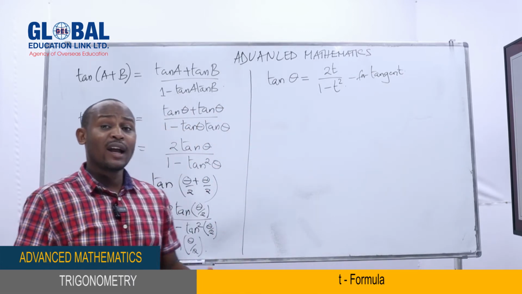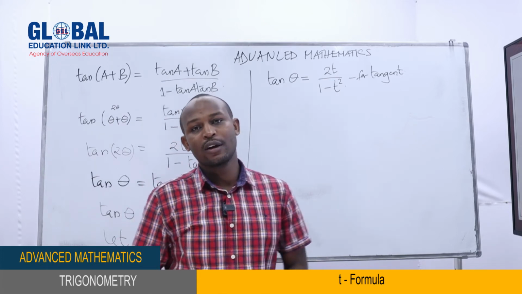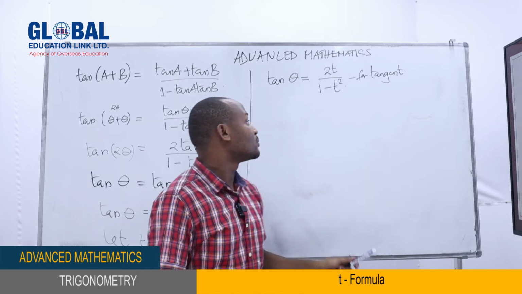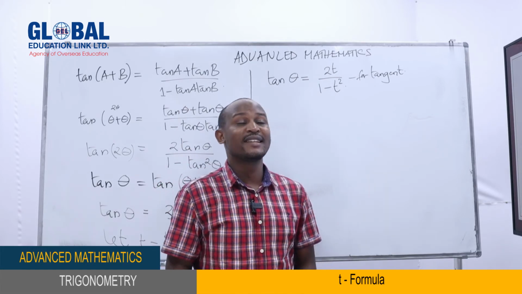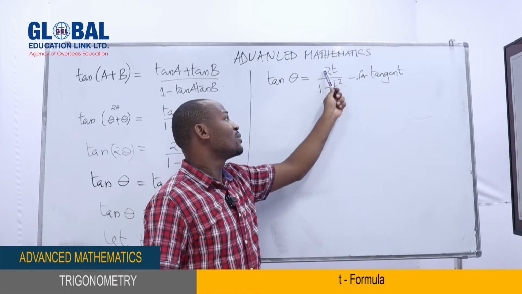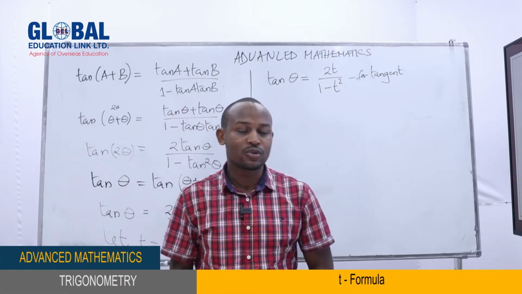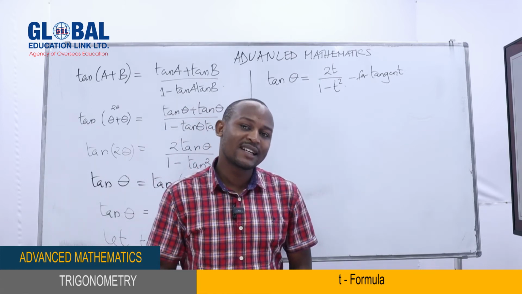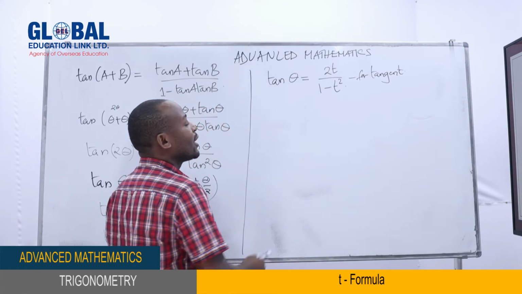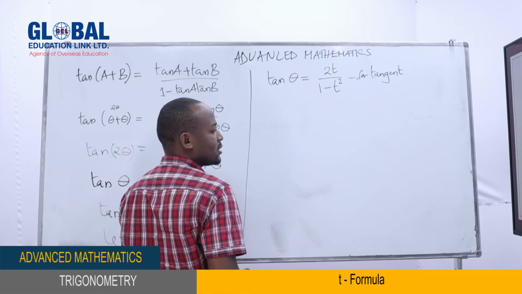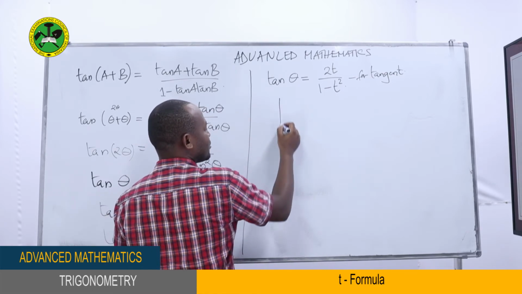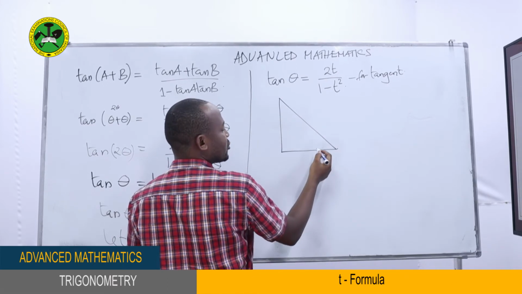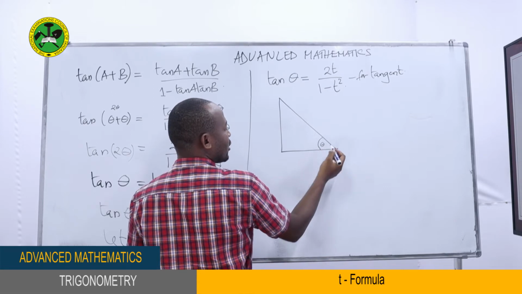Now, we can use a right-angled triangle, because we know that tan is equal to the opposite over the adjacent. That means this is the value of the opposite in a right-angled triangle, and this one is equal to the adjacent of the right-angled triangle that has the angle theta. So how can we do that? For example, we have a triangle like that, and this triangle has angle theta.